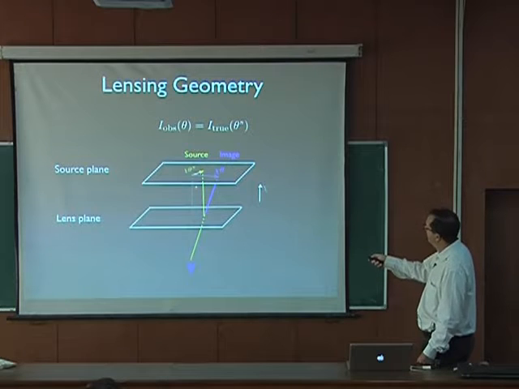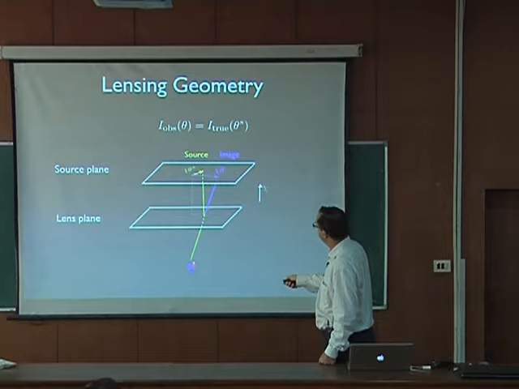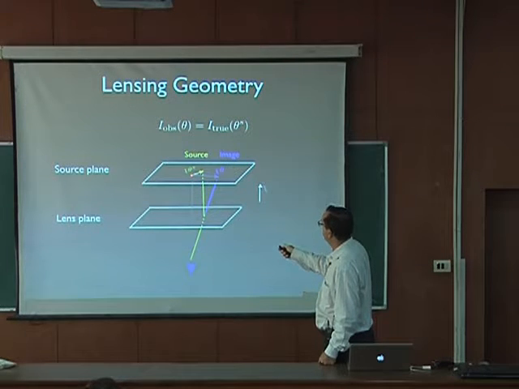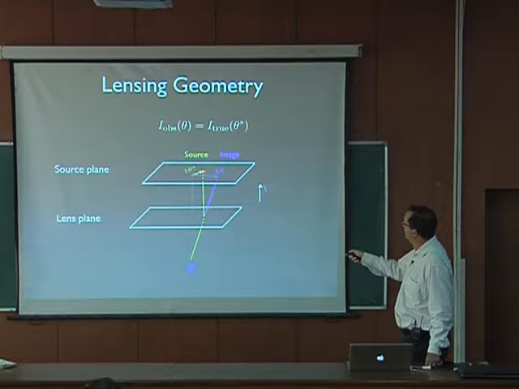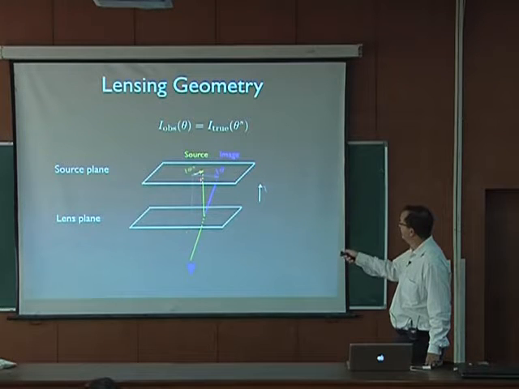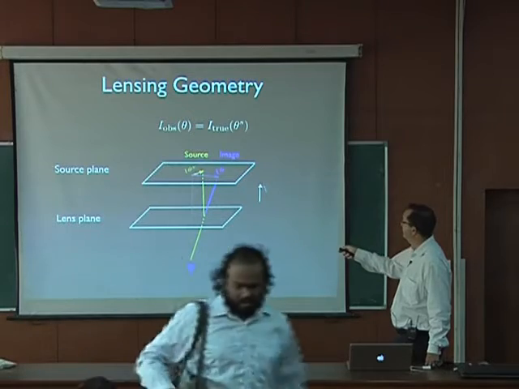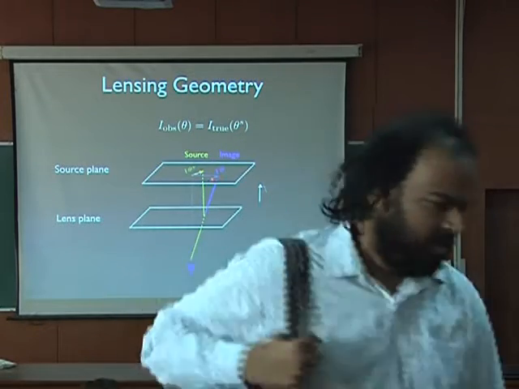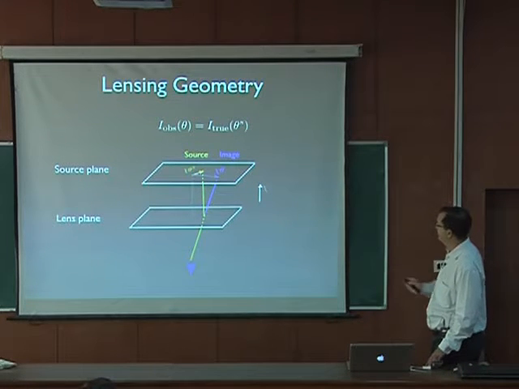Okay, so let's suppose, unfortunately you can't see it very well, but there's a brown line here, which is basically the center of the coordinates, centered on the source, let's say. And then let's call the position of the photon at a given moment, let's say on the source plane, theta times chi. So theta is the transverse angle, and chi theta is the transverse displacement from the center of the coordinates, or from this line, which goes from the observer to the source.